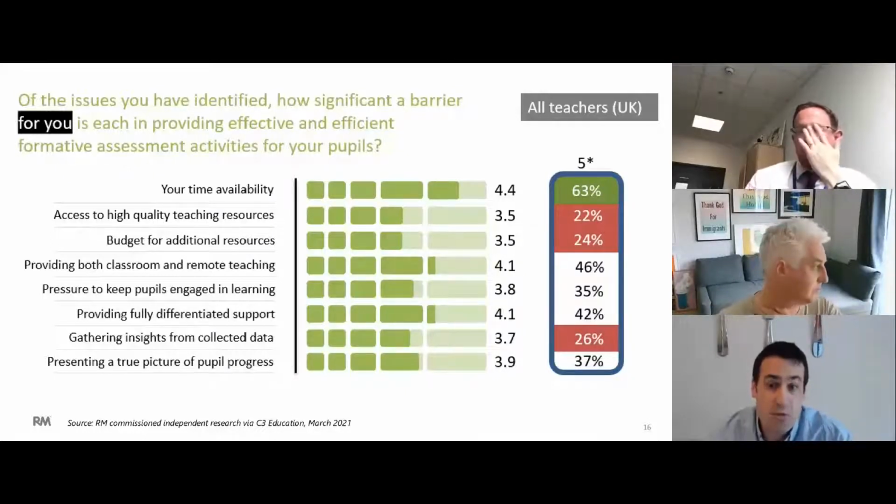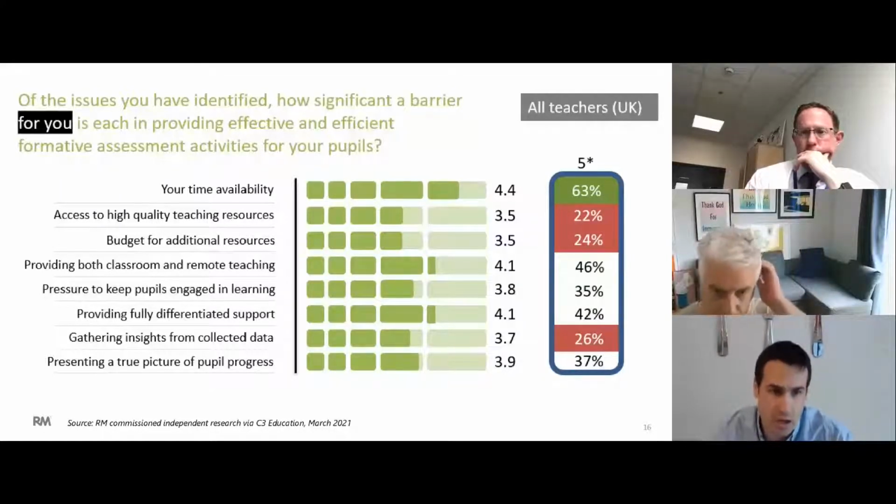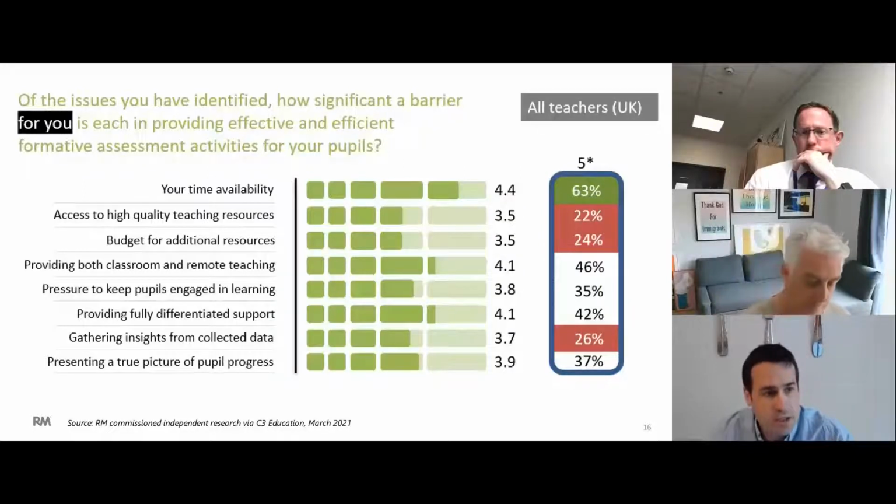Near 2/3 of those that said time availability was an issue, it was their single biggest issue above all else. So I think we need to be mindful there that although time pressure is still a problem, where it is a problem, it is a particularly acute problem.